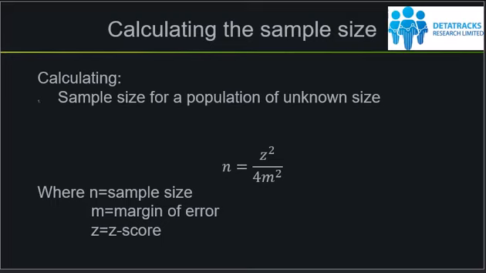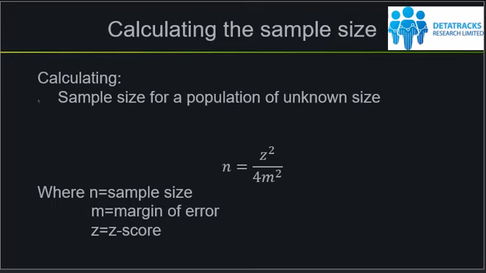When we have a case such as this, then we use a sample size formula that does not account for the size of the large population that you are surveying.